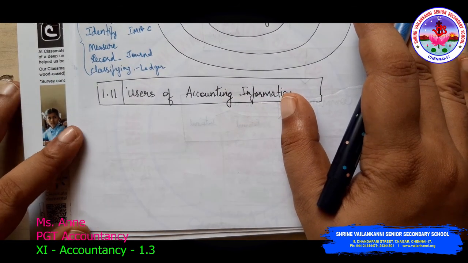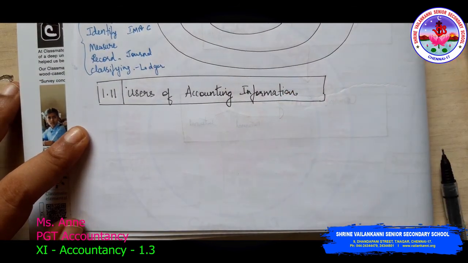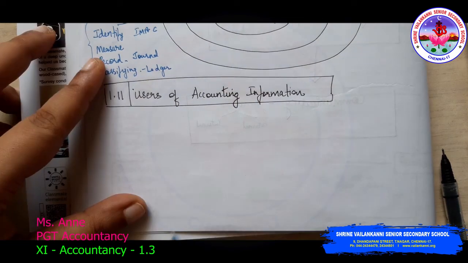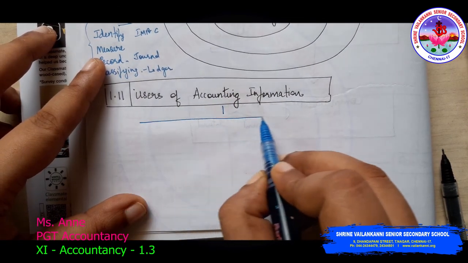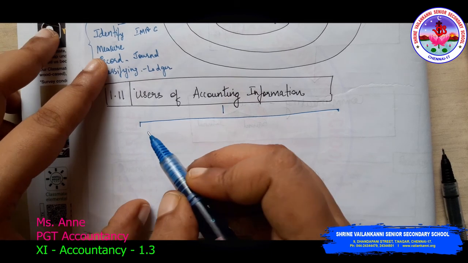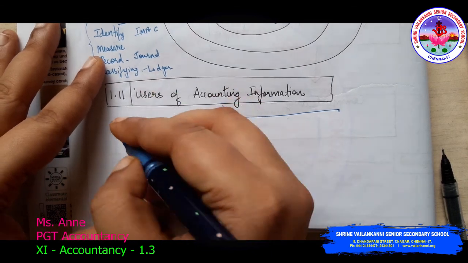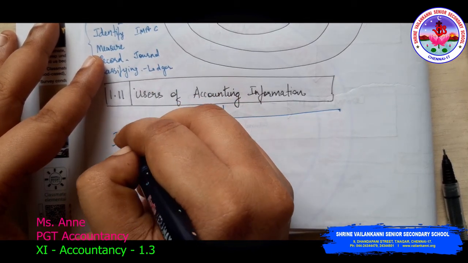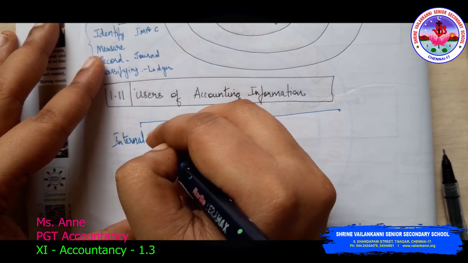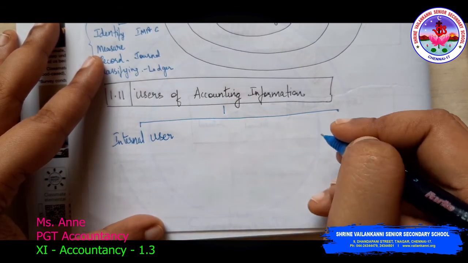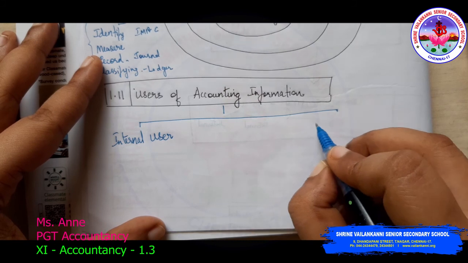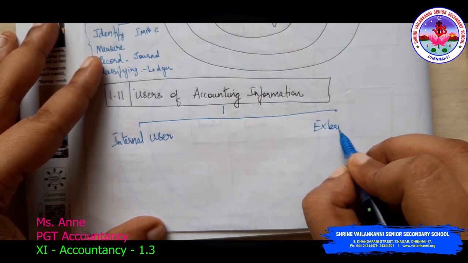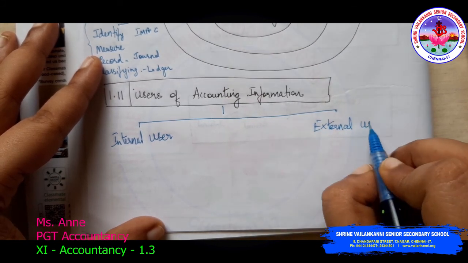Now, who are the users of accounting information? There are 2 classes of users. One is the internal user, the other one is the external user.